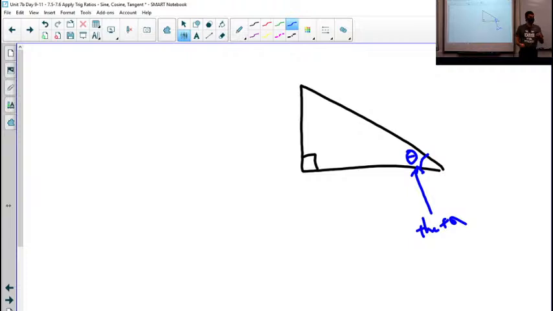Sometimes you'll see it in problems to stand for angles that we don't know. So sometimes you'll see X and Y and Z to stand for sides that we don't know, and then Greek letters to stand for angles that we don't know. That happens sometimes in this topic that we are talking about of trigonometry.